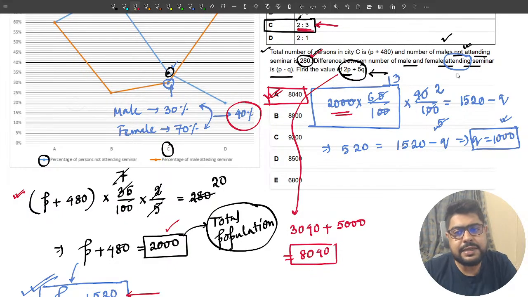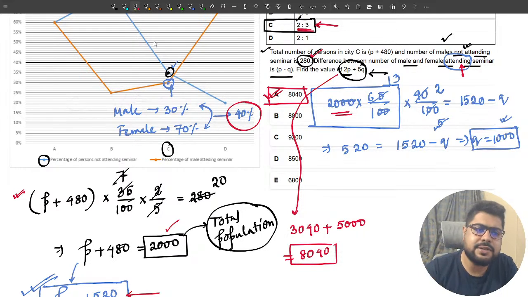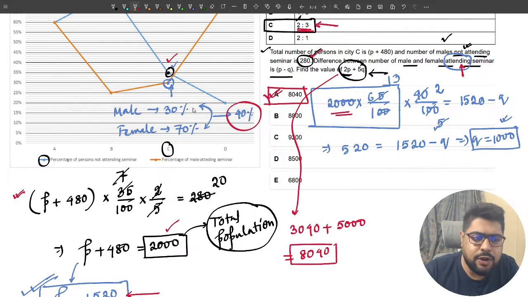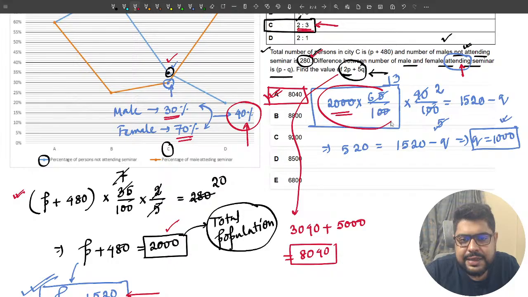Now, this is the difference between attending male and female. So attending male and female will be 65%, because 35% have not attended the seminar. So the total number of persons who have attended is 65. Out of that, 30% male. So the remaining 70% must be female. So the difference is 40%. So these many people are attending the seminar.